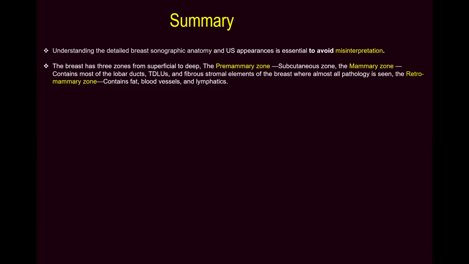As we discussed, there are three zones from superficial to deep: the premammary or subcutaneous zone, the mammary zone where almost all TDLUs and lobules are embedded in the fibrofatty stroma, and where is the action, where almost all pathology is present, and then the deepest zone, the retromammary zone, which contains fat, vessels and lymphatics.